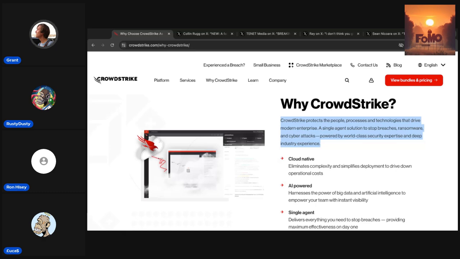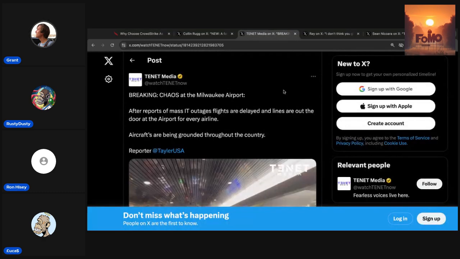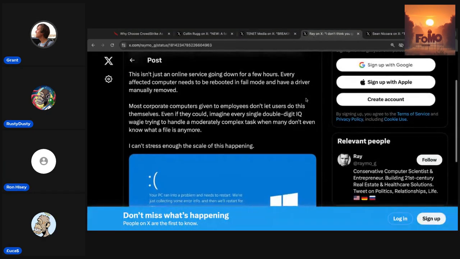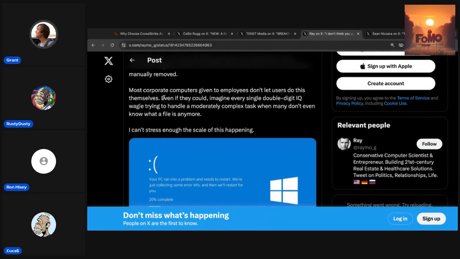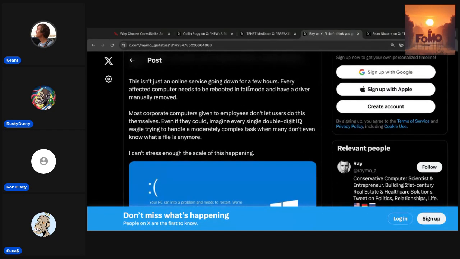And this one requires manual intervention. So this guy was talking about what it takes to do it. You have to go into safe mode and have that driver removed. It's a pretty big deal to get this off your machine. It's not easy to do, and it means there's going to be quite a bit of friction getting this problem remediated.